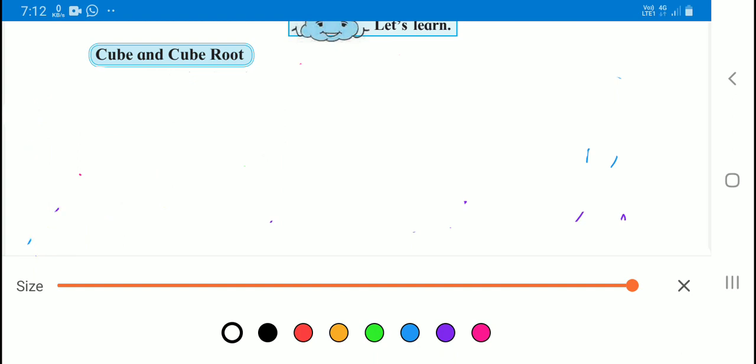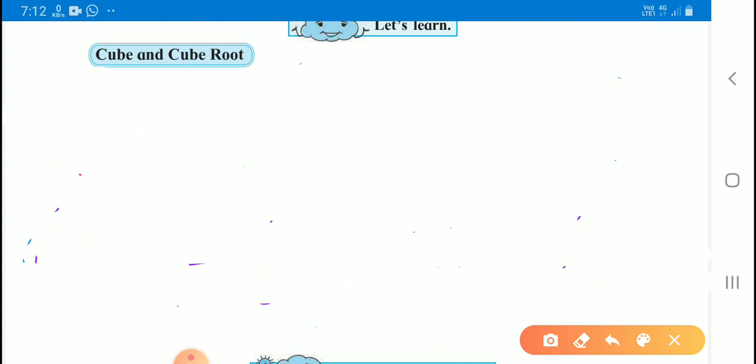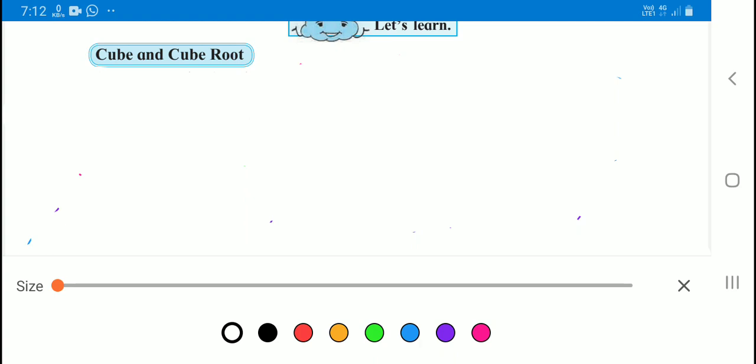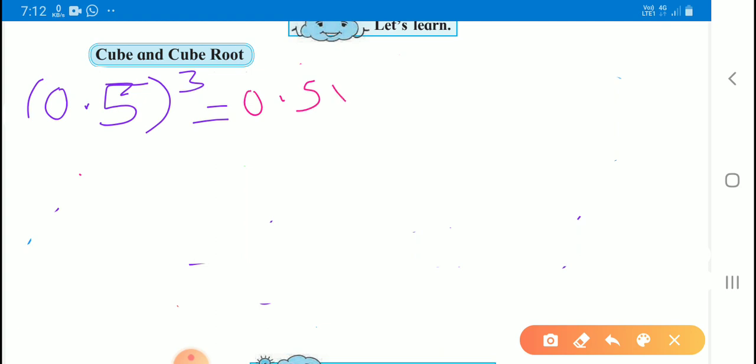So first of all, we will see the number 0.5 bracket cube. How to write? 0.5 multiplied by 0.5 multiplied by 0.5.